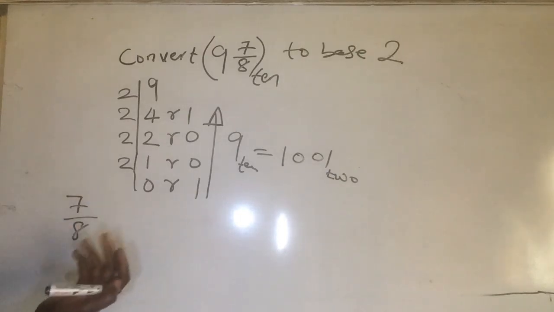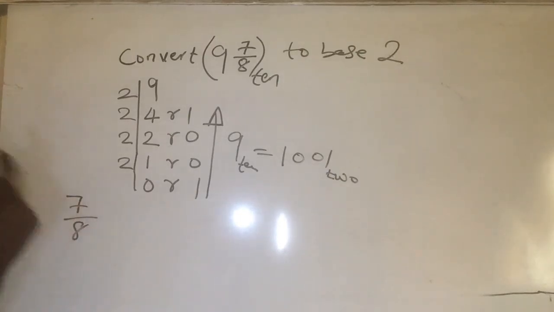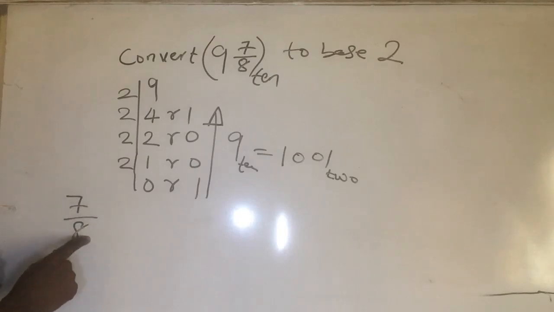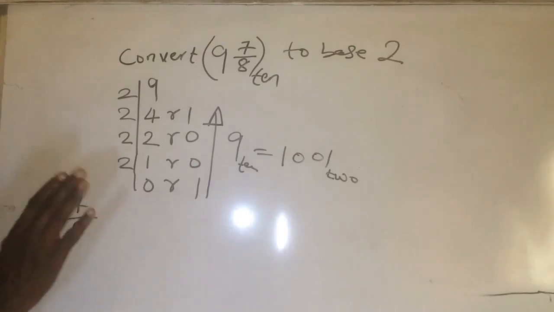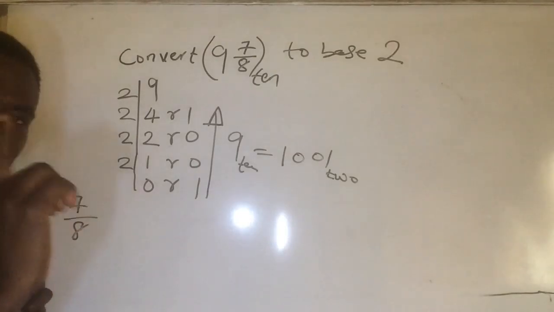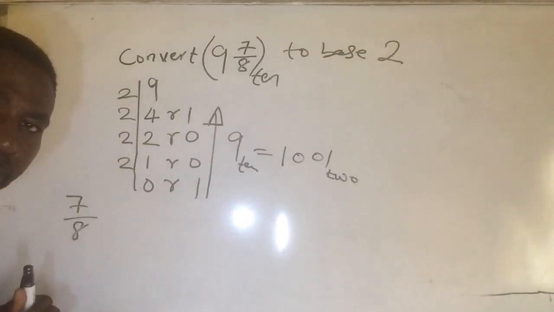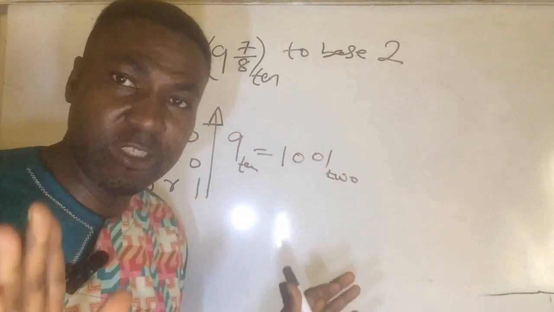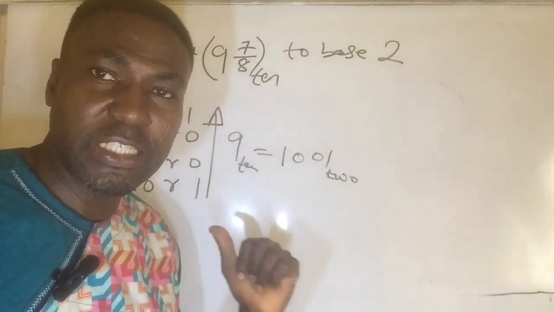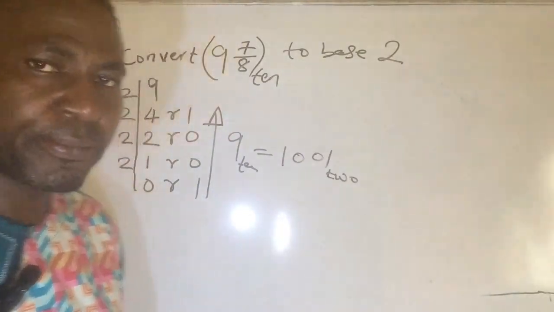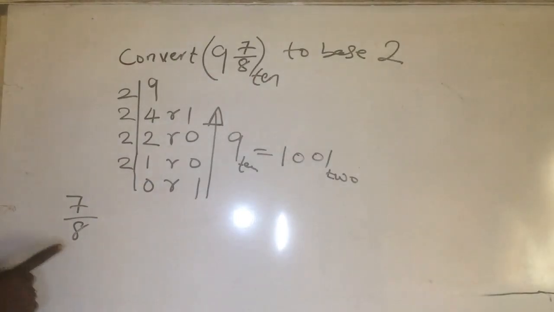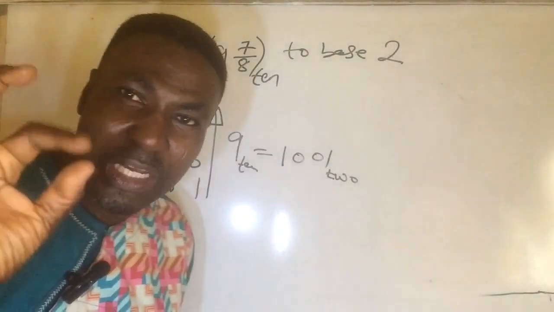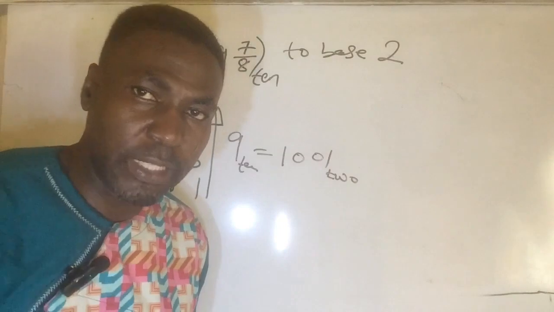You understand? For example, we can check whether 2 can divide this, or 3. If there's no particular number that will divide both of them, we know that it is in the lowest term. So this number is in the lowest term now, since there's no particular number that can divide both of them.